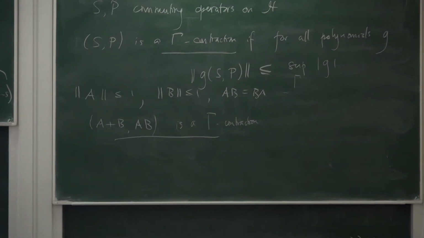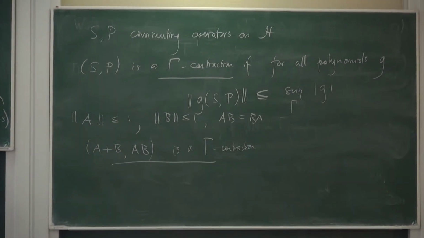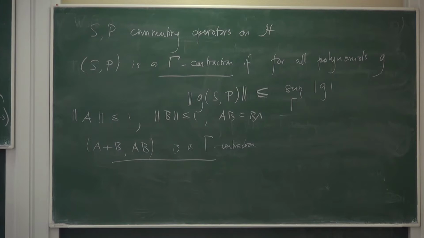So that's more or less where Agler and I left it in 2003. And we did pose the problem at the end of our paper on this topic. Is it possible to develop a Sz.-Nagy–Foias type model for gamma contractions?